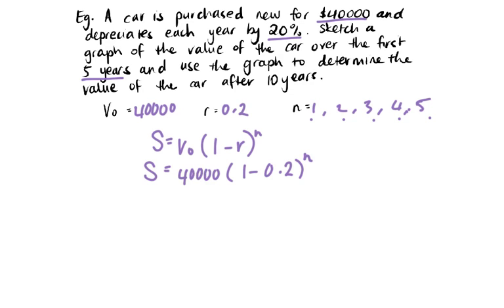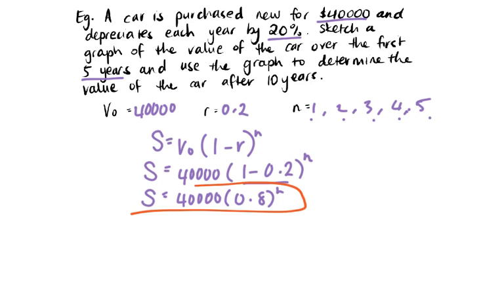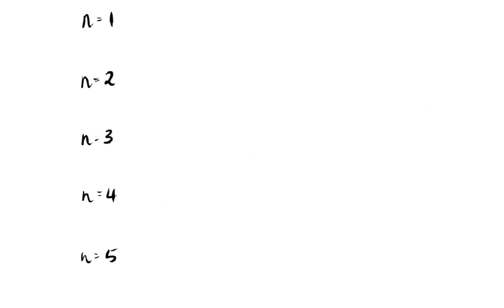Now, we can simplify this so that the rest of our calculations are a little bit more simple. So I can actually simplify this bracket here. S equals 40,000 (0.8) to the power of N. So what we're going to do is use this to calculate all our coordinates for the years of 1 to 5.